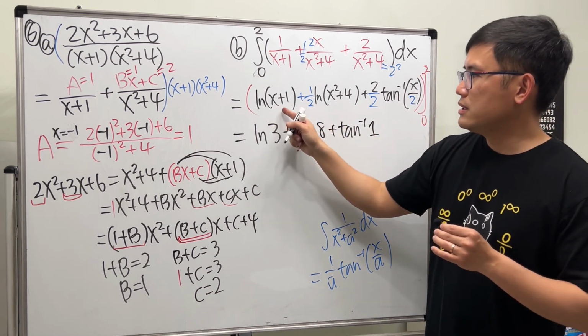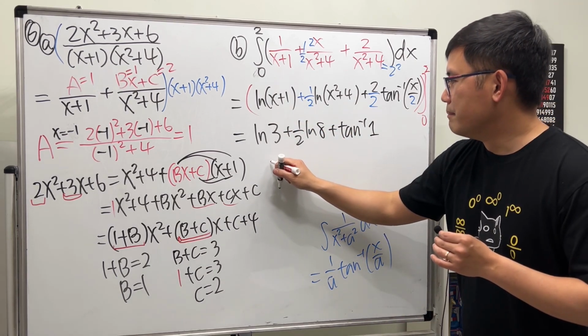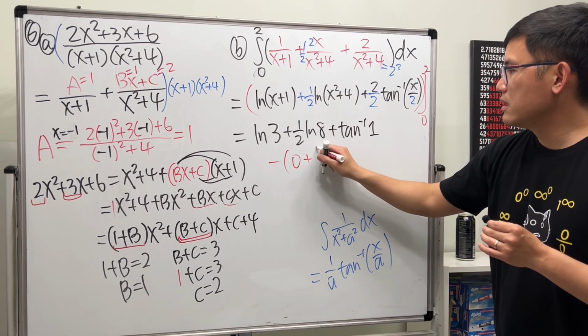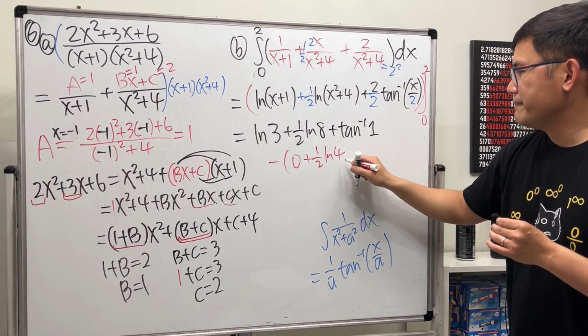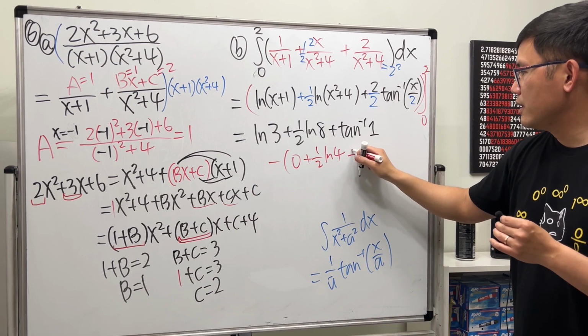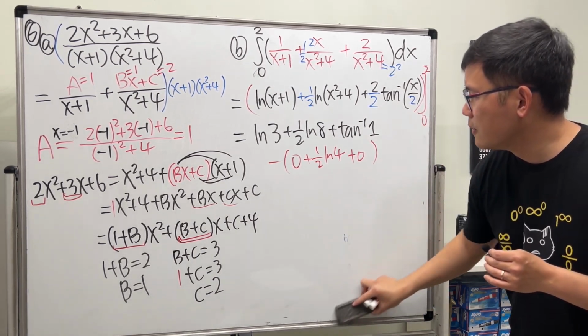Plugging 0, ln 1 is 0. Okay, fine. Minus, like we get 0, and then plugging 0 in here, I have the negative right here already. And then 0 here, so it's ln 4. And then plugging 0, the inverse tangent of 0 is 0. All right, and then just continue.